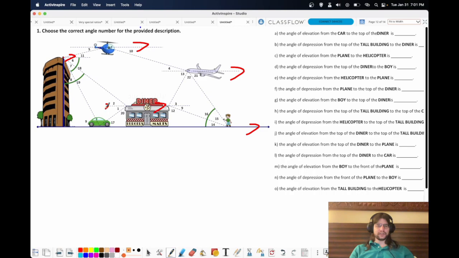So here's this one. Could we use this 20? No, that's not an angle of elevation or depression. But in this case, it says from the car to the diner. That's this angle right here. Now, these are not degrees. They're names. The name of this angle is 17.